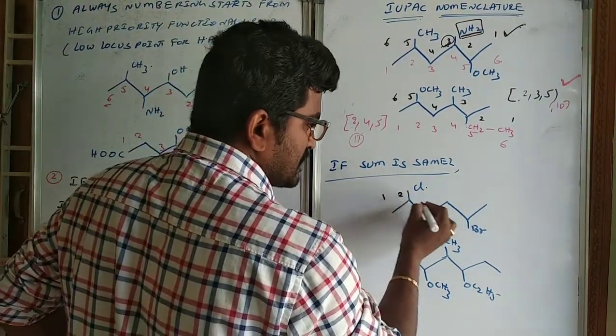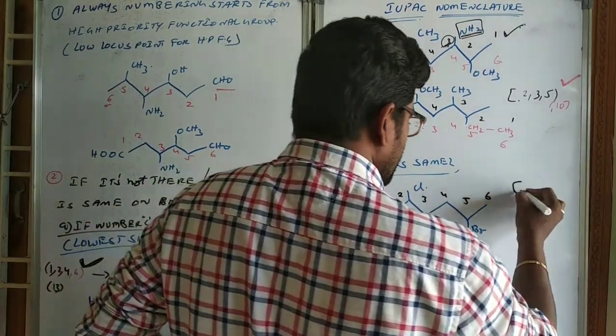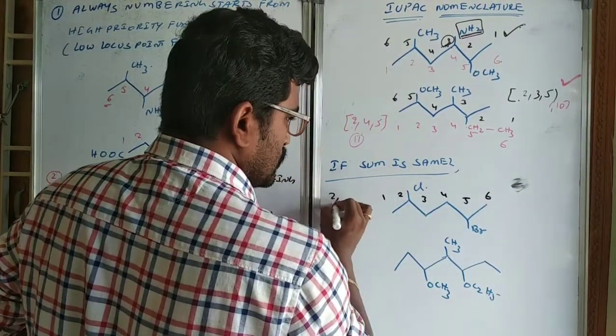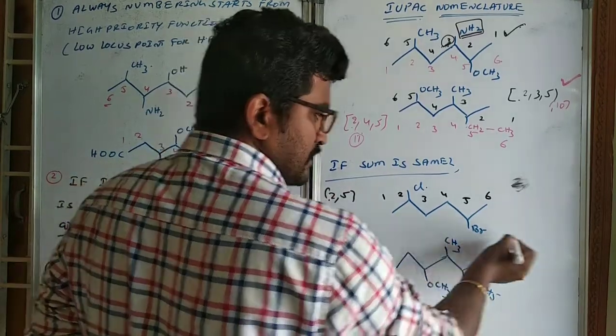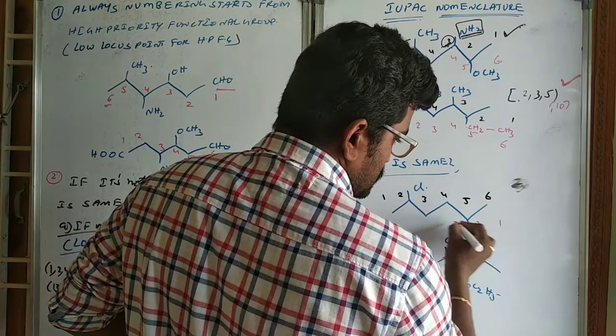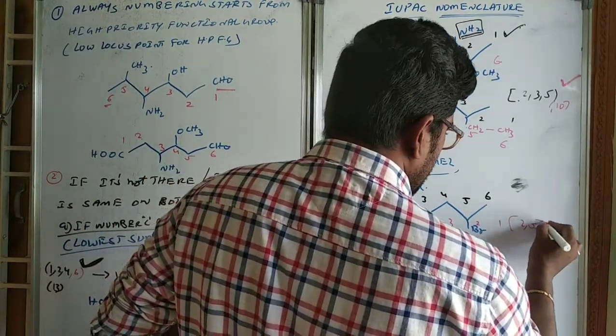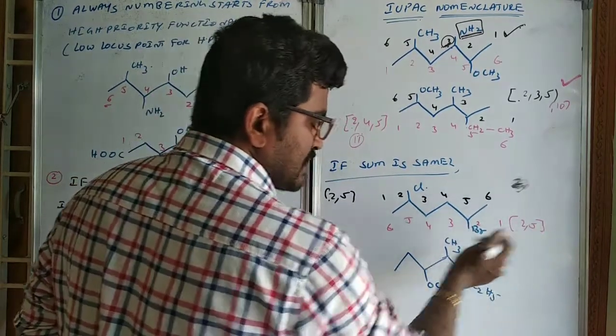Number from this side, 1, 2, 3, 4, 5, 6, so it will be 2, 5. Number from this side, 1, 2, 3, 4, 5, 6, so it will be 2, 5. So from both sides it is coming the same.